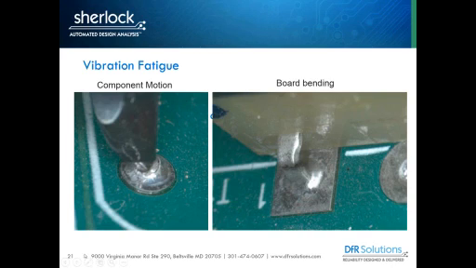These are just some examples: this component was wiggling back and forth, causing fatigue cracks right where the lead enters the joint. Here, the board's bending and it's pulling on this lead and causing a lead failure. So definitely, if you have any large components with leads, you want to go the extra step and add detail to the FEA models to account for those leads.